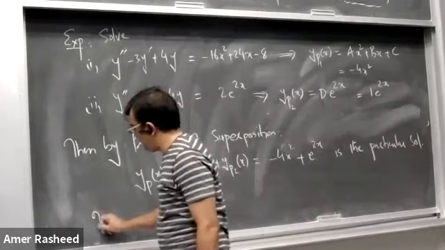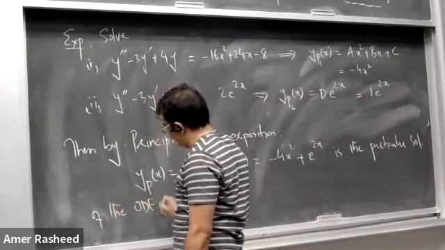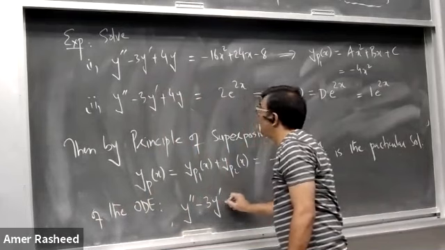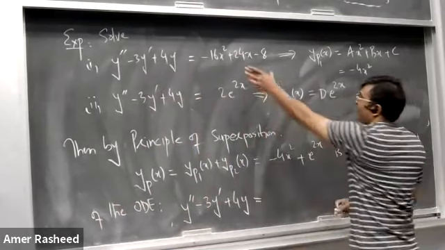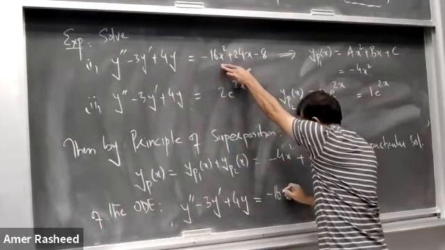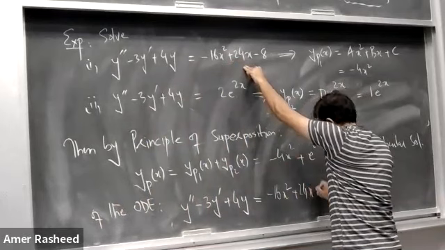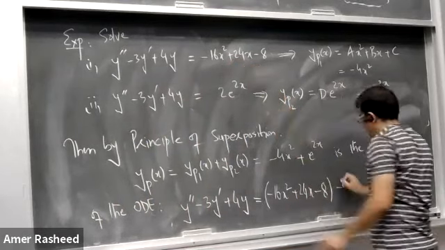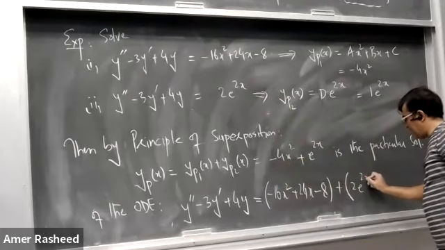of the ODE, the same ODE, y double dash minus 3y dash plus 4y equal to the first function, negative 16x squared plus 24x minus 8, plus the second, 2 e raised power 2x.